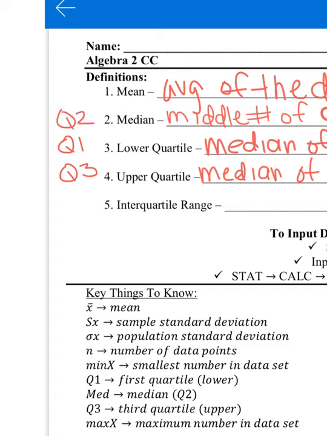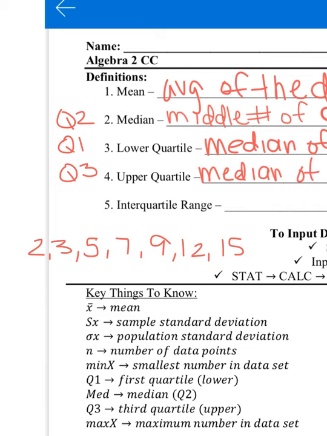So really quick example, let's say I'll give you 7 numbers. Let's say we have 2, 5, 9, 12, 15, and so on.